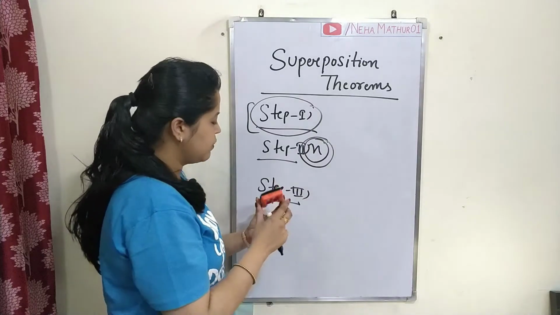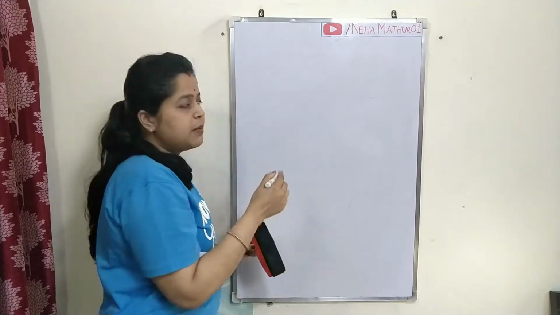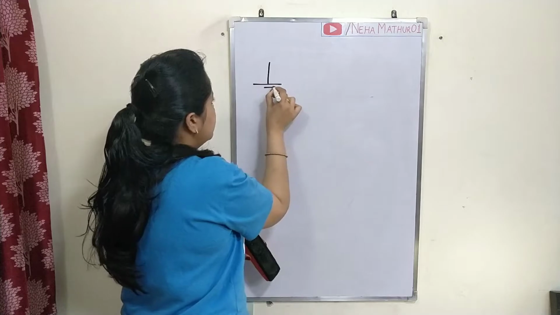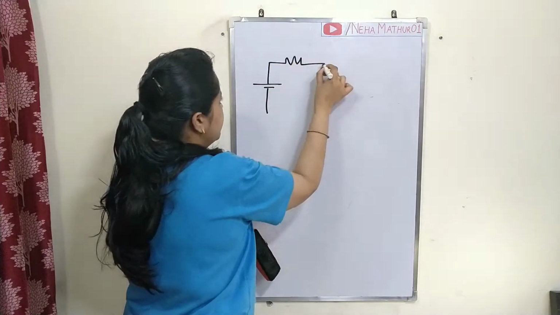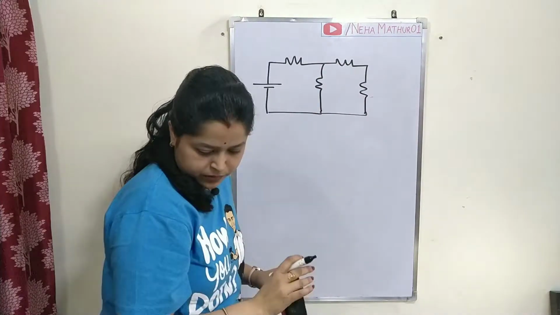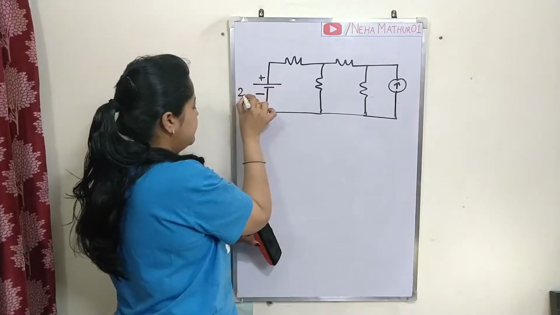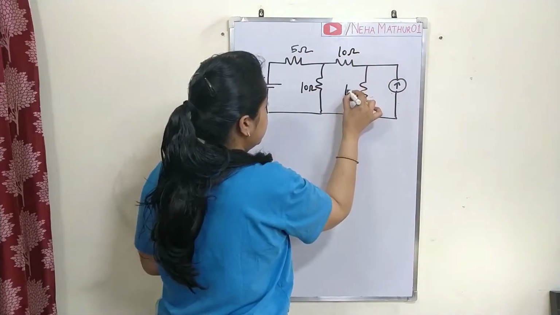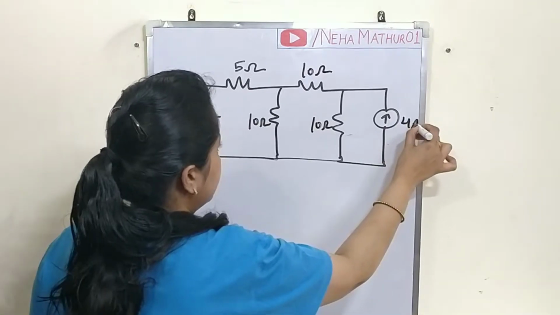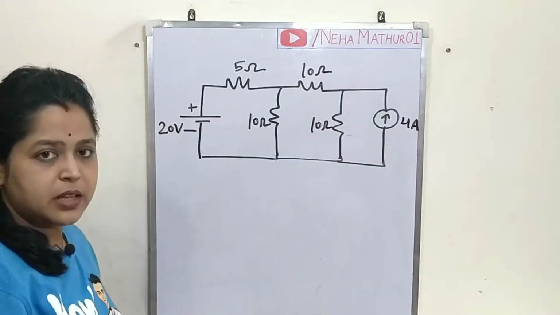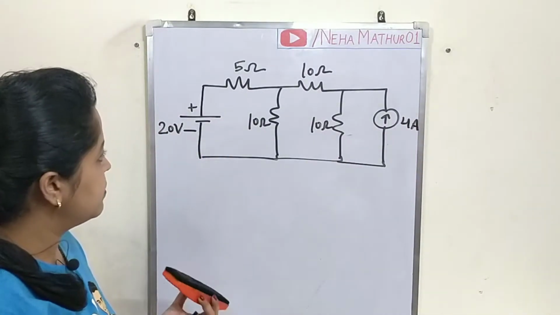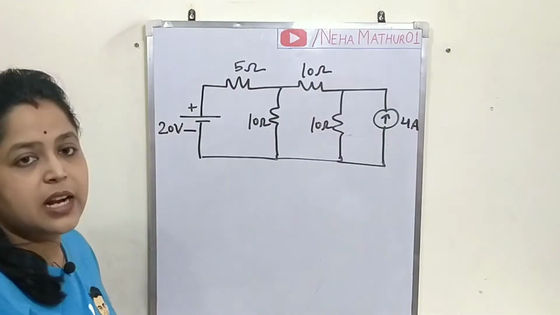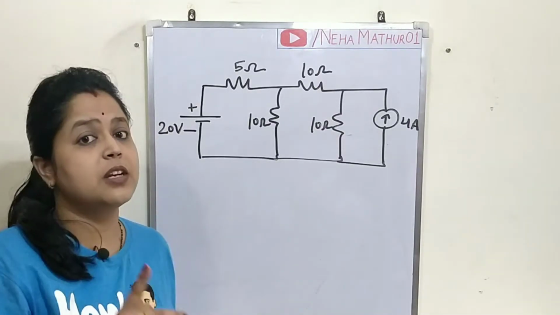So now I am taking one example. In this example you have two independent energy sources. This is your circuit. You can directly observe from the circuit that you have two independent energy sources.